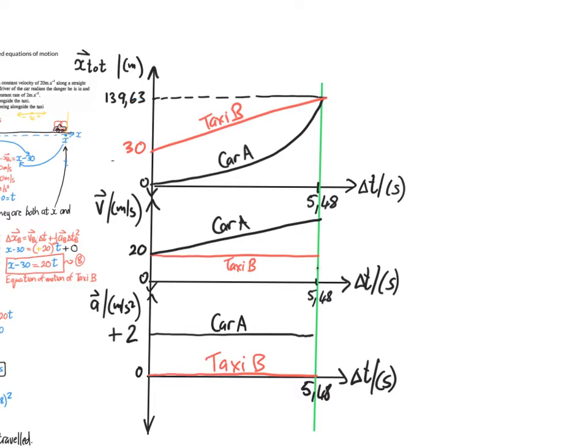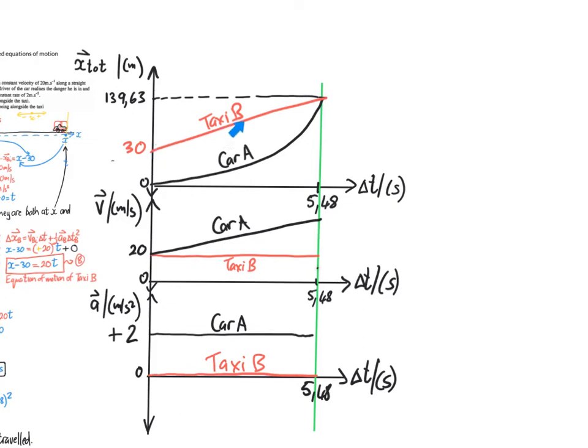Taxi B did not start at 0 meters, it started at 30 meters. And so it didn't accelerate, but its change in position was the same per unit time because its velocity was constant. And so its position versus time graph is a straight line.